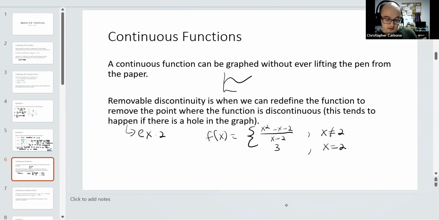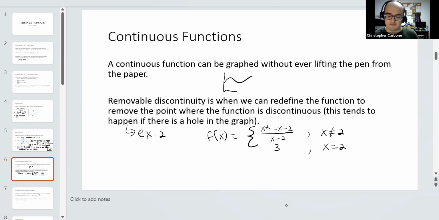where we are able to define the function at that particular value. So it breaks that discontinuity there and allows us to give ourselves that limit to be exactly the value it needs to be.